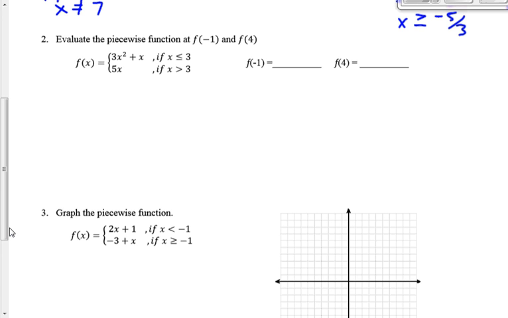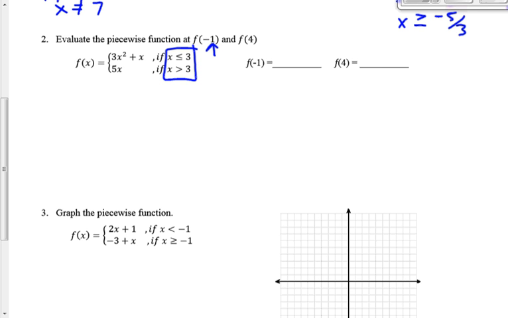Looking at the piecewise function for number 2, all we need to do is evaluate at f of negative 1 and f of positive 4. Well, at f of negative 1, x is equal to negative 1. We have these inequalities here to tell us which expression to use.